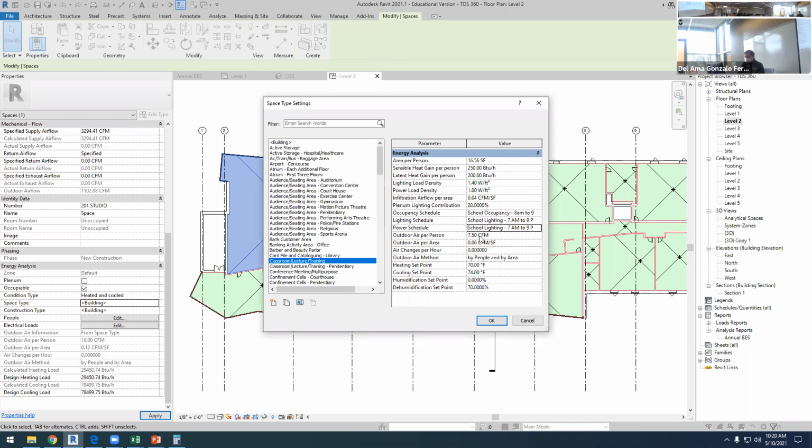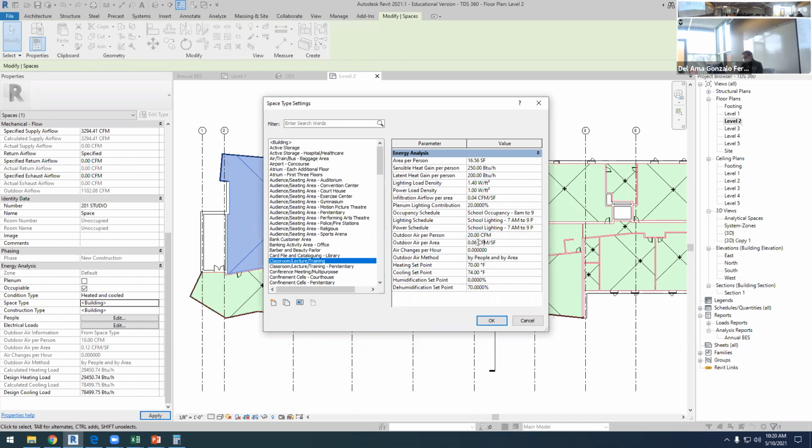Then the outdoor air per person, we always fix this at 20 CFM per person. And then we can select the outdoor air per area. So there are 2 things. I have memorized this number, the 20 CFM per person, so I prefer to use this.